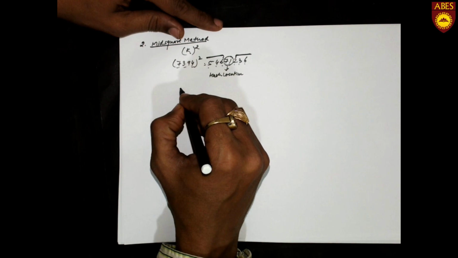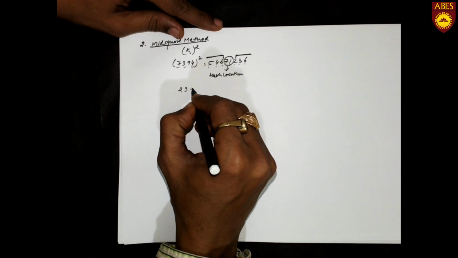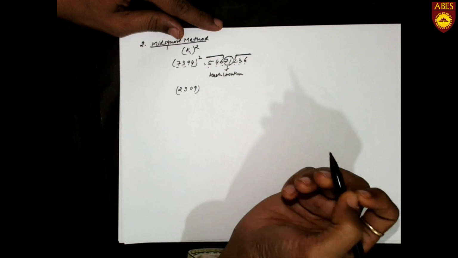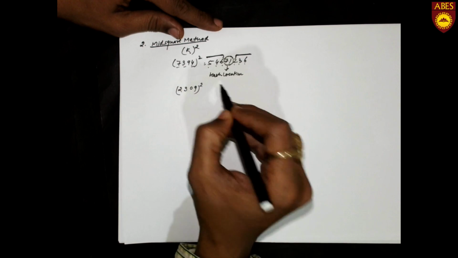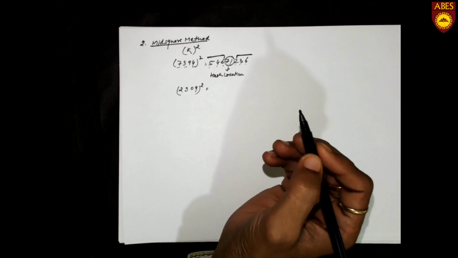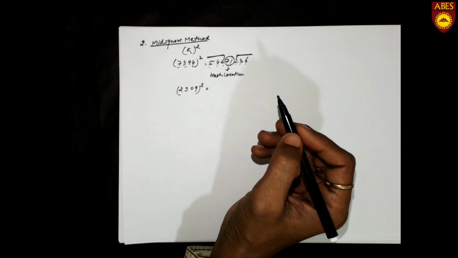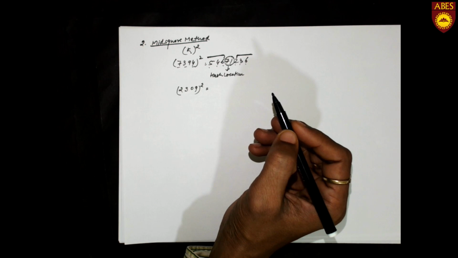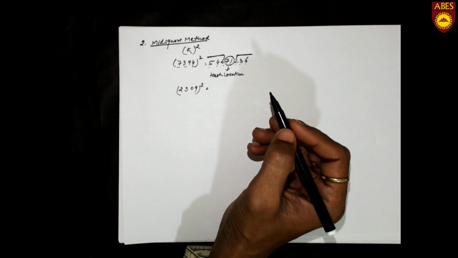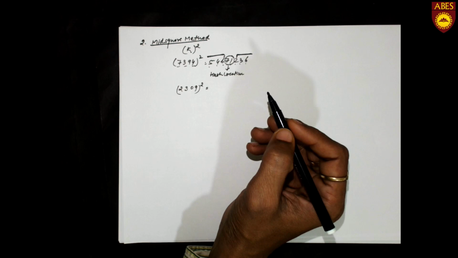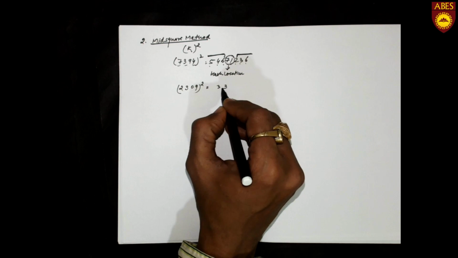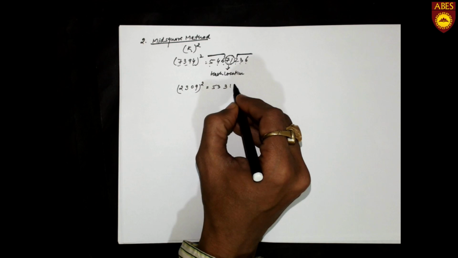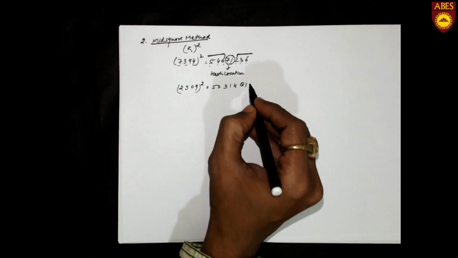Suppose I have another key value, that is 2309. If we square this number, we get 5331481.